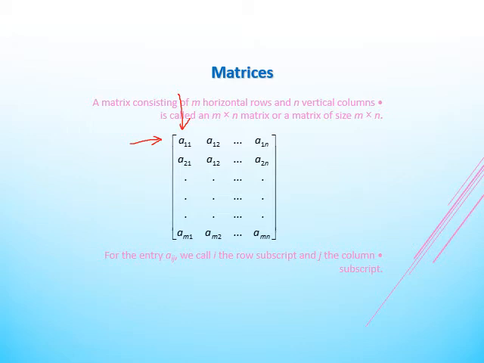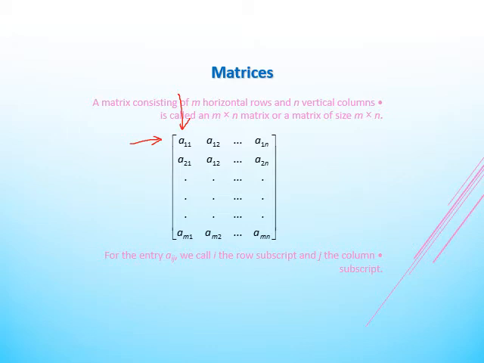Here a11 means it's the first number or symbol in the matrix, in the first row and first column. Here a12 means the first row and the second column. And here up to a1n, I mean the first row and the nth column.